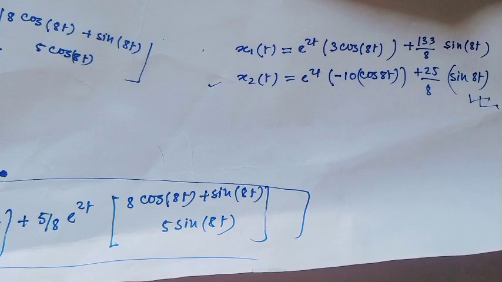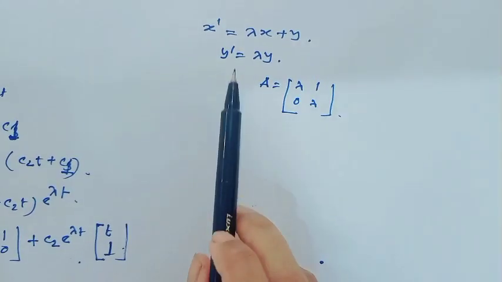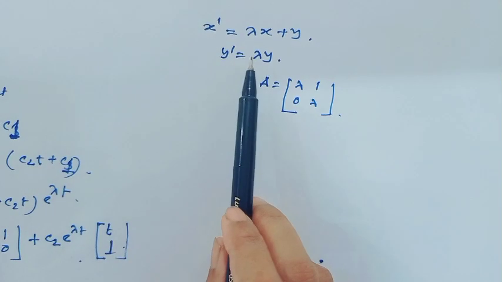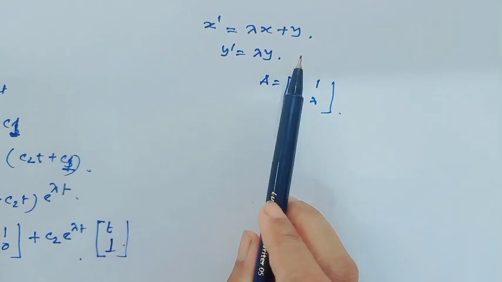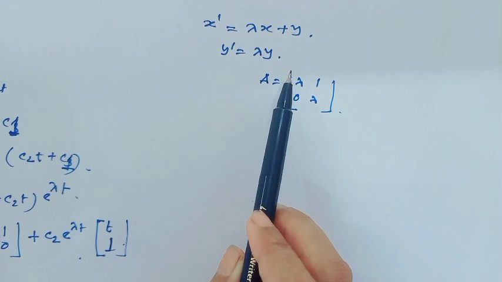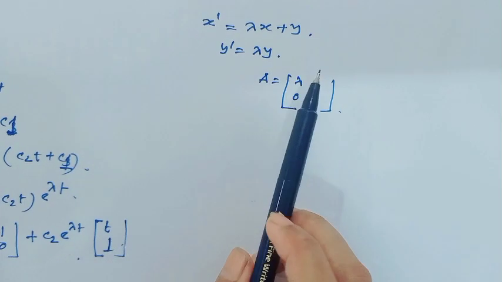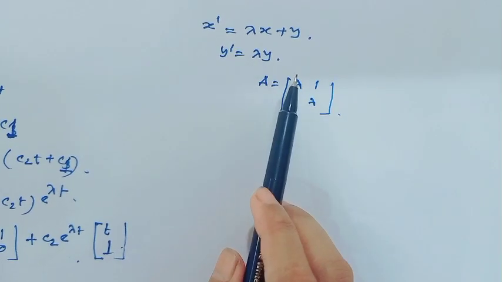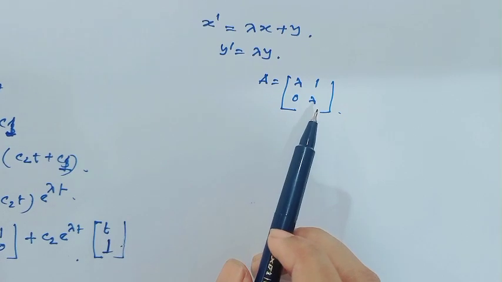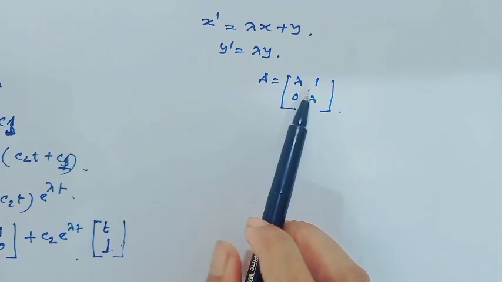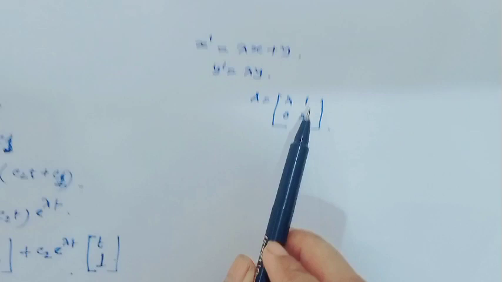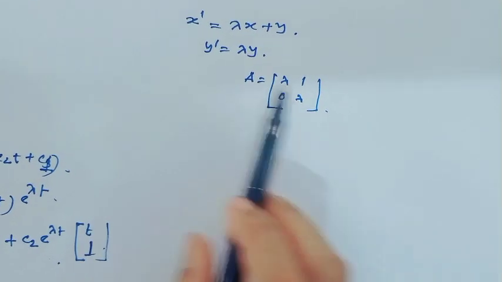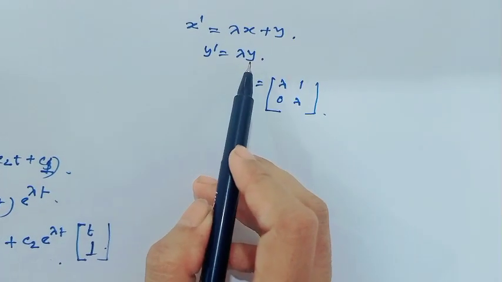Our next example is a different type: x dash equals lambda x plus y and y dash equals lambda y. These two equations obviously generate this matrix, lambda 1, 0 lambda. Here y dash equals lambda y.